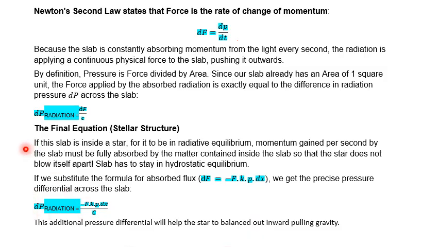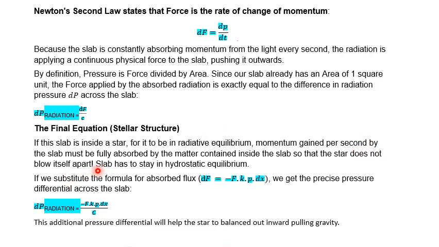If this rectangular slab is inside a star, for it to be in radiative equilibrium, the momentum gained per second by this slab must be fully absorbed by the matter contained inside the slab, so that the star does not blow itself apart.